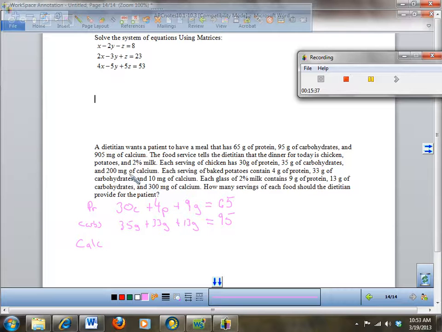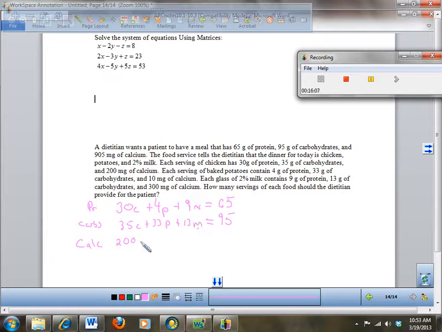this one's in milligrams, but everything else is in grams, right? So over here chicken has 200 milligrams. Oops, sorry, I shouldn't have had g's there. I'm messed up. This is chicken, potatoes, milk.